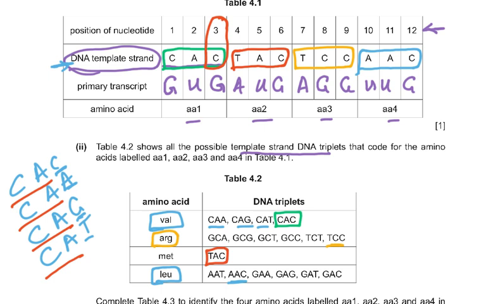So that means we will not read it CAC, we will read it CAT. So CAT will result in the same amino acid, valine. Whether it is CAA, CAG, CAT or CAC, it is the same amino acid valine. So first amino acid is unchanged.